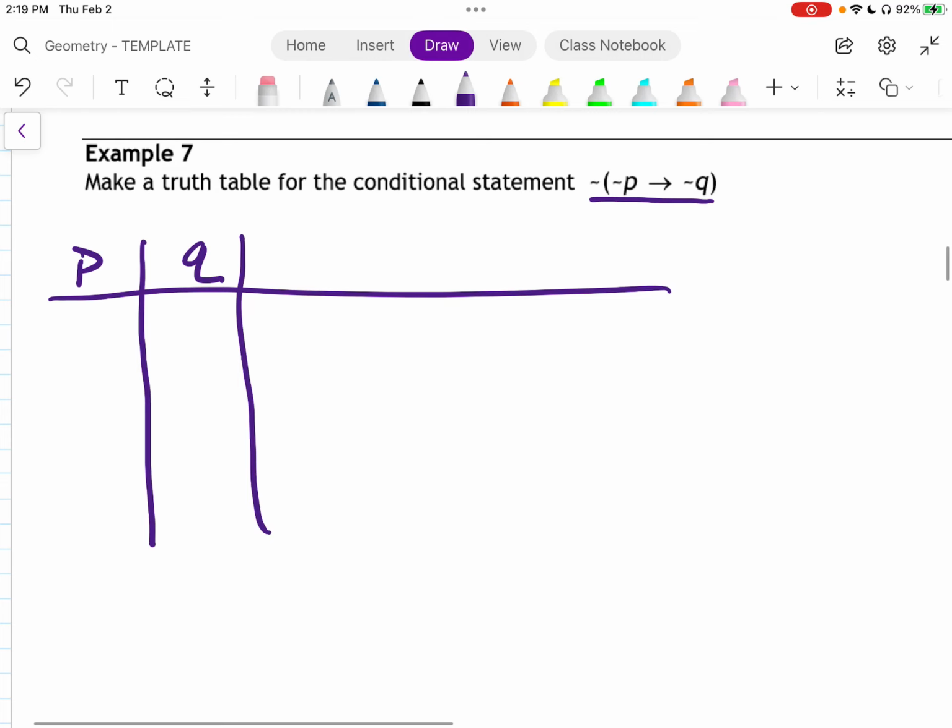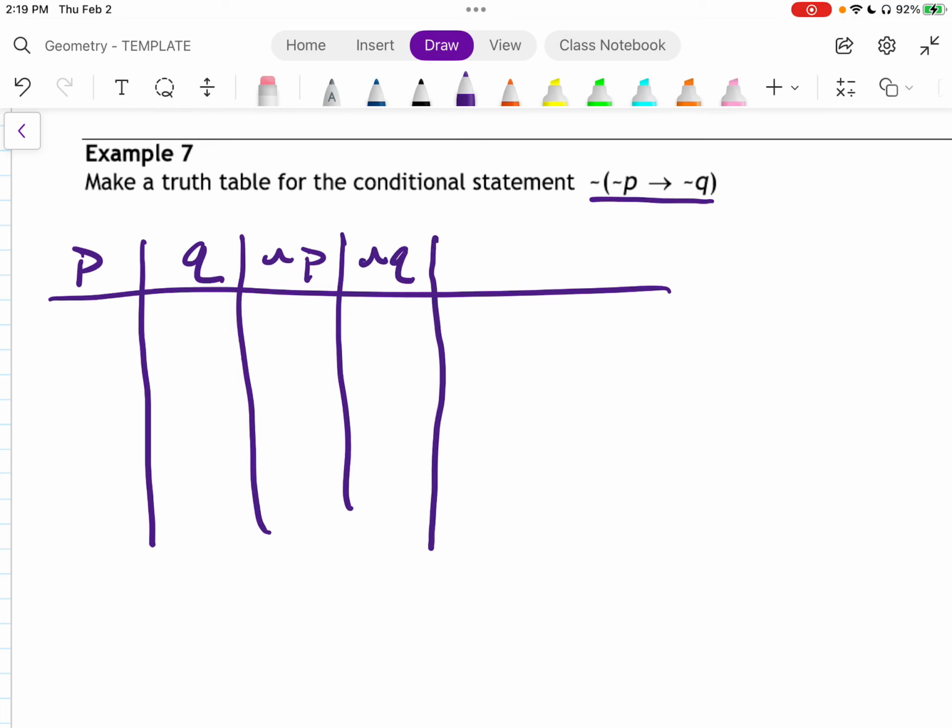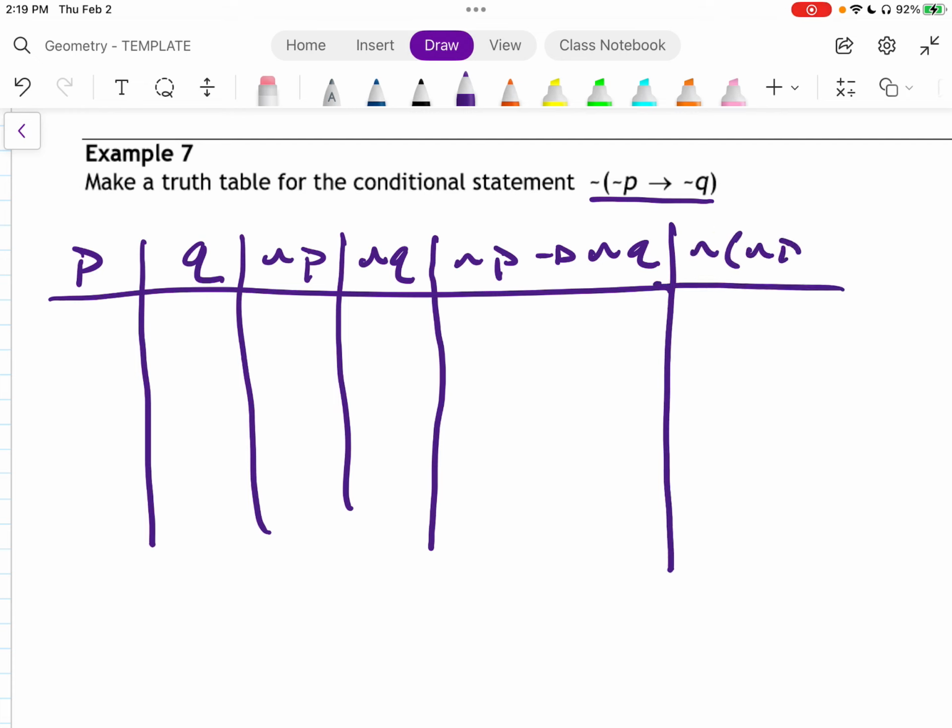So we start off with P and Q, then we'll say not P and not Q. We'll get their truth values. And then next up, we can say not P implies not Q, and then the negation of that.